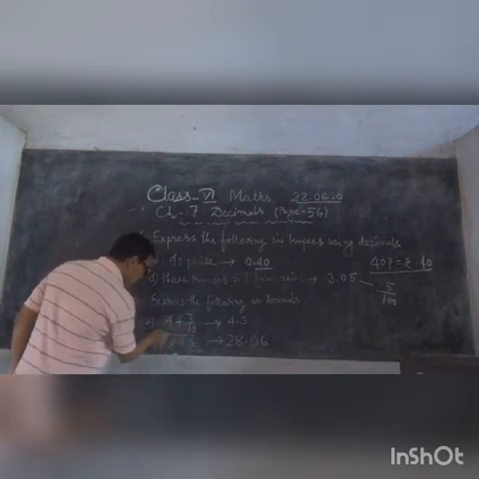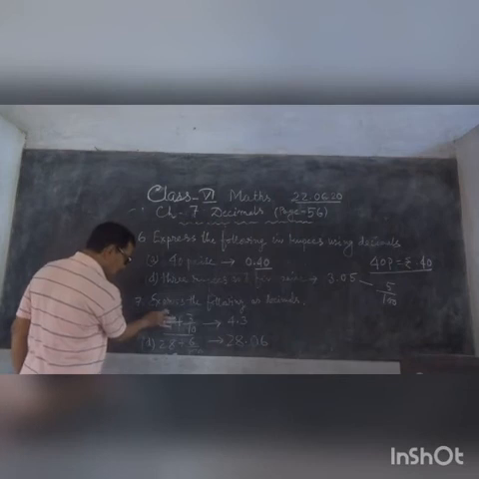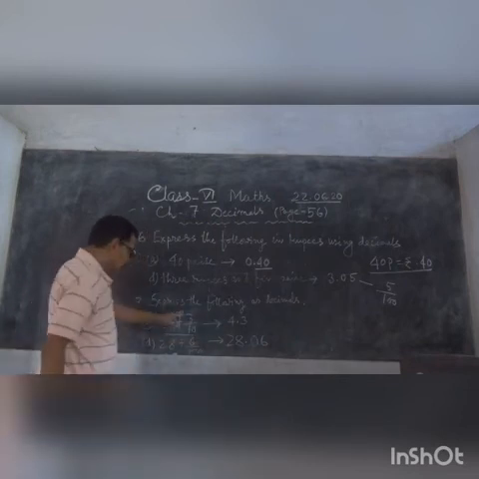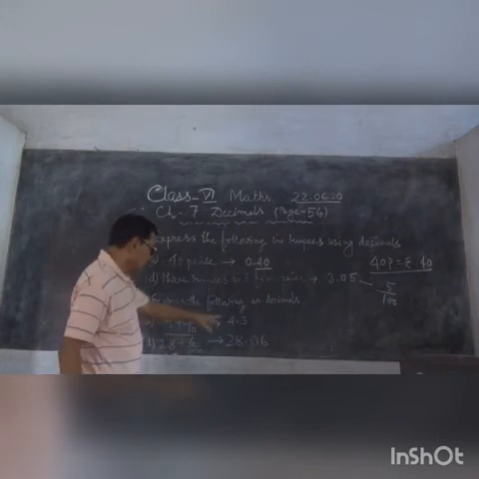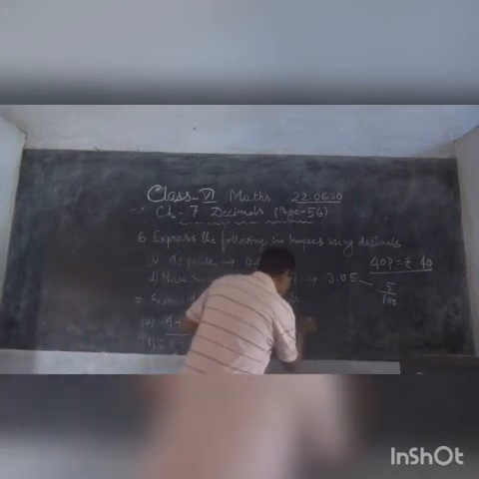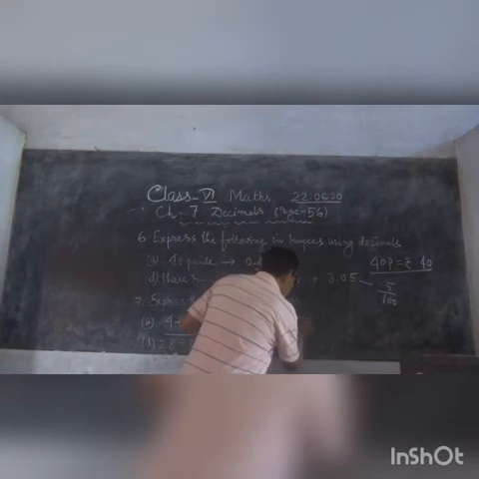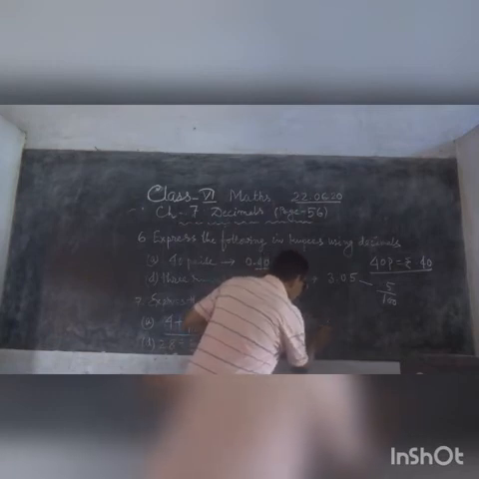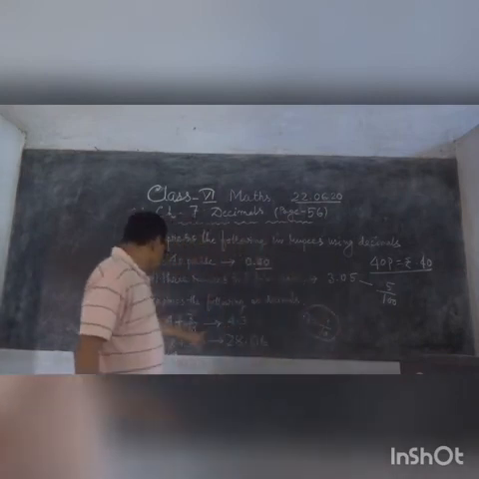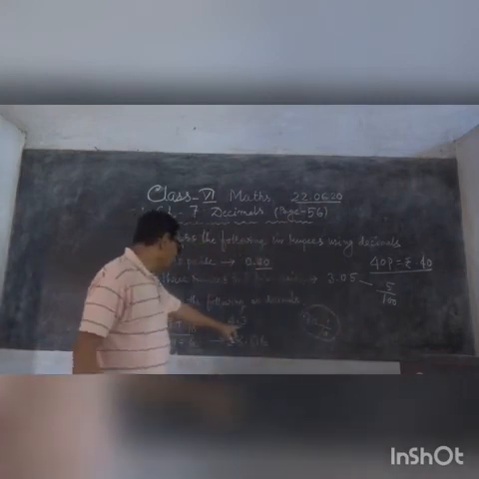So if you write it in decimal, first write the whole figure 4, and then 3 by 10 means 0.3. 3/10 equal to 0.3.